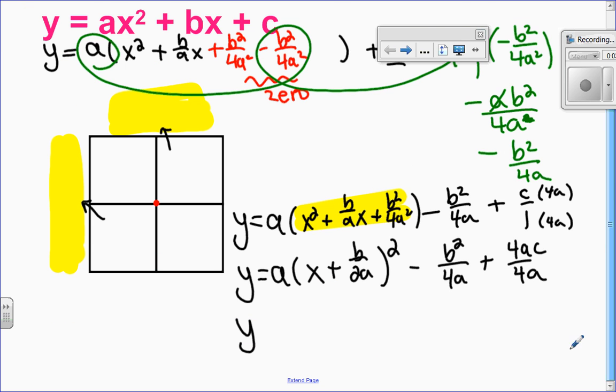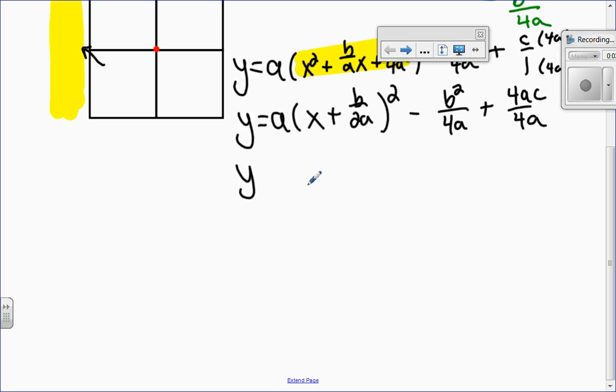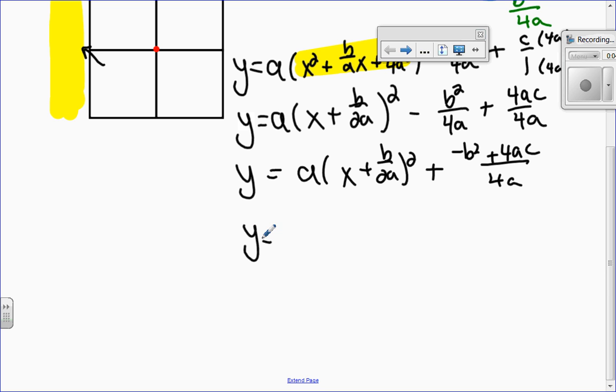We'll try that again. There we are. Okay, so we're going to combine those together. Y equals a times x plus b over 2a all squared plus negative b squared plus 4ac all over 4a. Let's just flip that around.